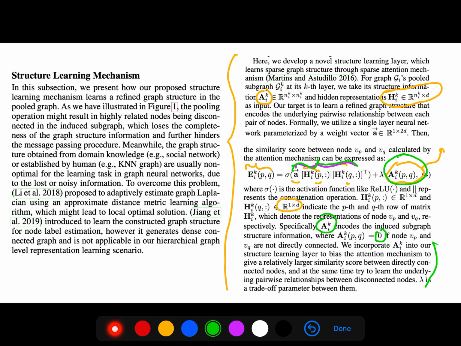We incorporate A, the second term, only as a bias to the attention mechanism to give relatively larger similarity scores between directly connected nodes. So we infer that the first term is for indirect nodes that are not connected to each other. So it also represents that.